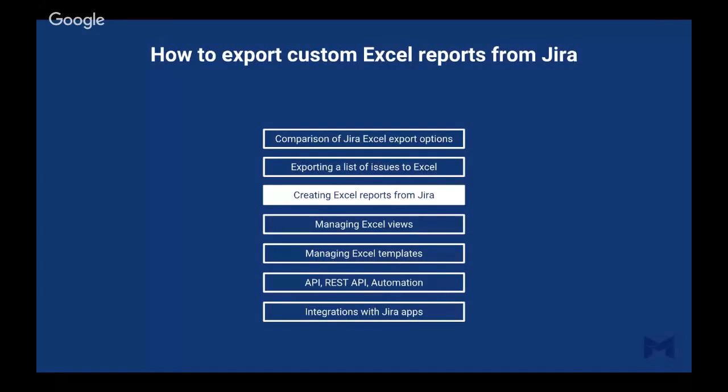Okay, so far we only looked at simple issue exports that you wanted to start with, where all you wanted to do was to see the Jira issues with their custom and system fields in Excel. Now let's see how you can create Excel reports from Jira software or service desk issues.